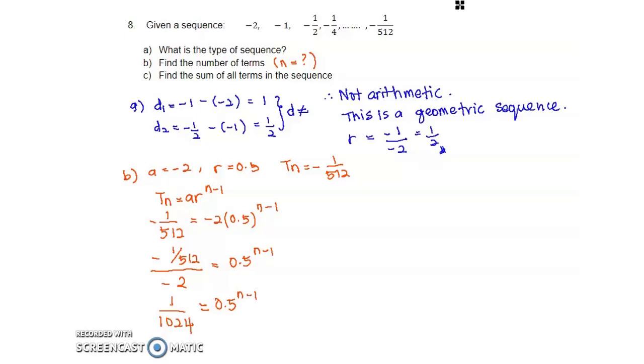So on this side we have 0.5 power of n minus 1. Here, n is in terms of a power. How do we eliminate the power of an unknown value? We can apply log.